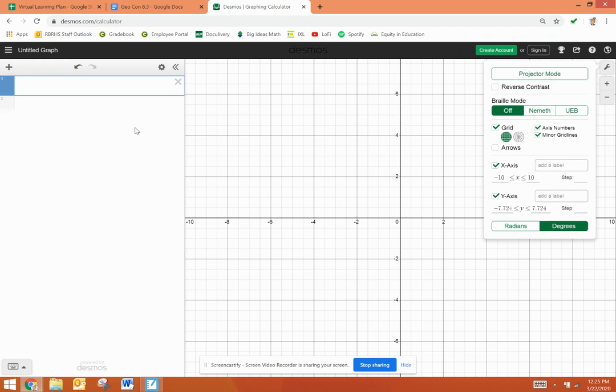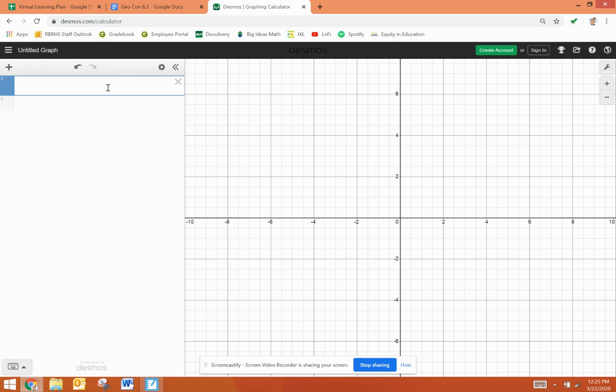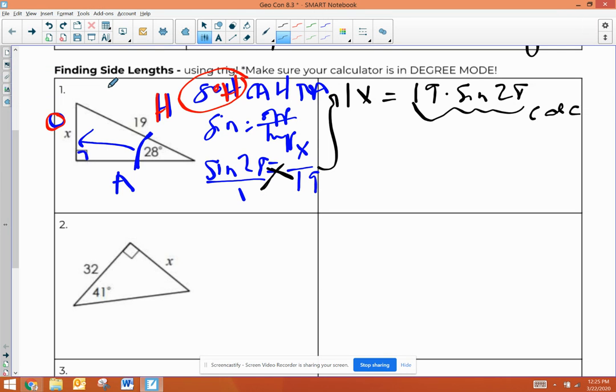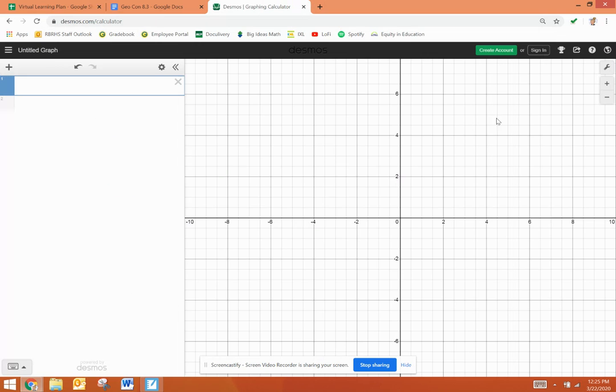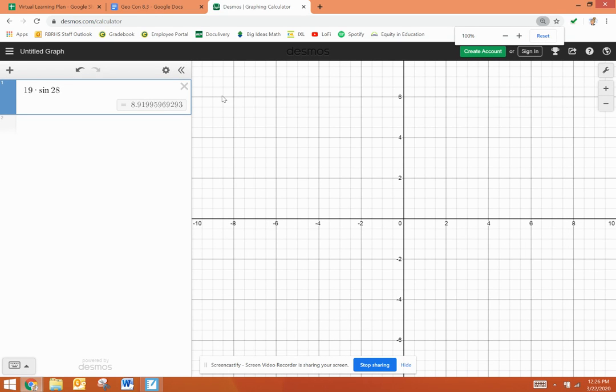Okay. So now I can just type what I need to calculate over here. That is 19 times the sine of 28. Just type that in, 19 times, I did shift 8 for that. The sine, I could just type in sin 28. There we have it. I know this is a little small because I like to zoom things out.